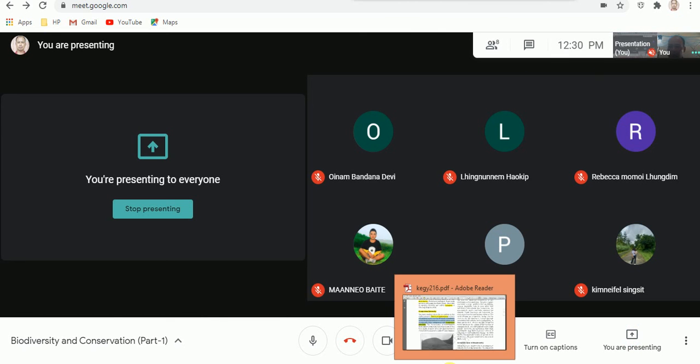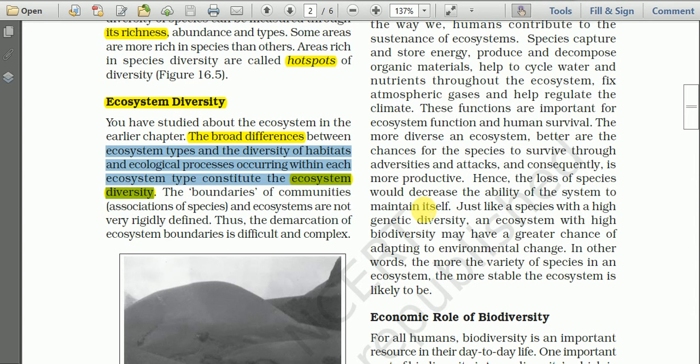We have been talking about ecosystem diversity, and ecosystem diversity refers to the variety of ecosystems that species create, or the range of ecological communities that species form.